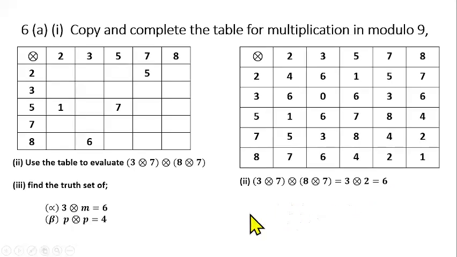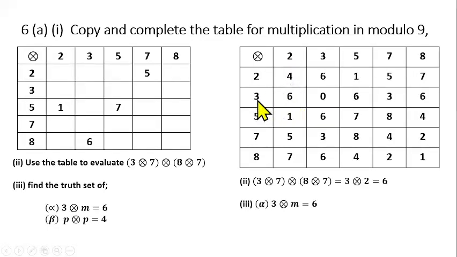Do you understand that? Then you have to find the set of values of m such that 3 multiplied by m equals 6. It's very simple as well. Go to your 3, and whatever you multiply this 3 with to give us 6, that will be the answer.